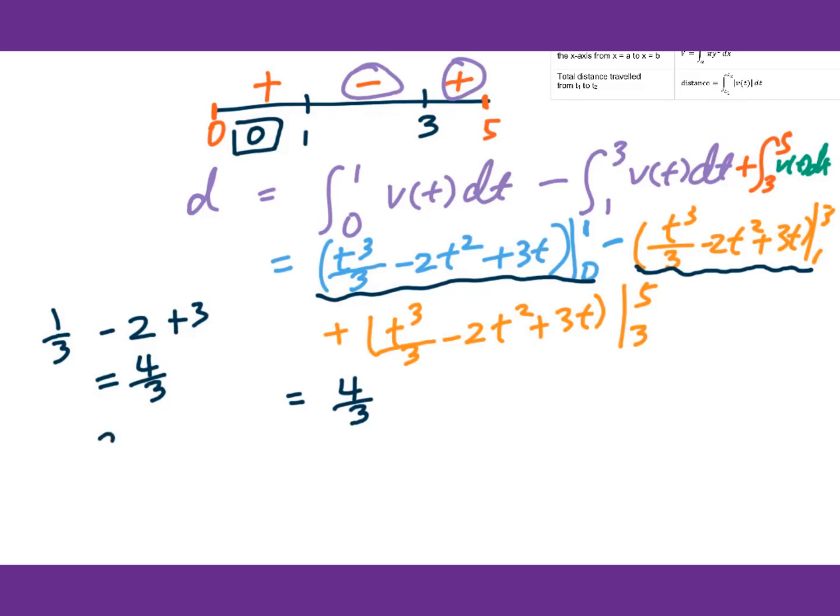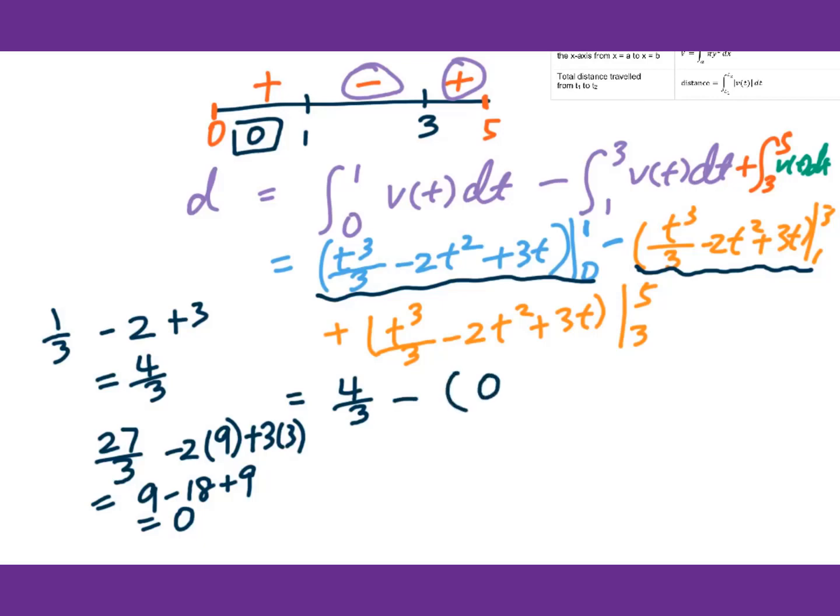You will get 27 over 3 minus 2 times 9 plus 3 times 3. This will be 9 minus 18 plus 9. That equals 0.